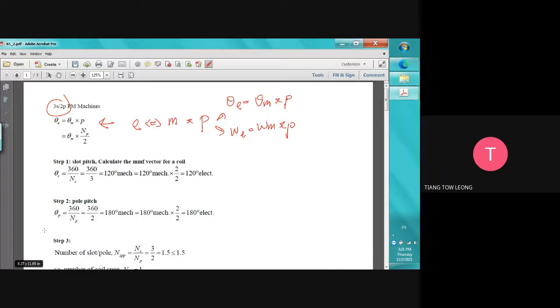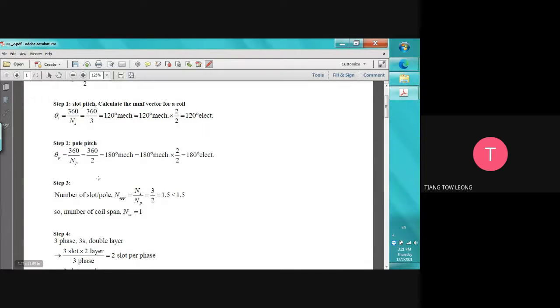Please don't ask me why we must do it like this, because I don't know how to answer why. But I can tell you that everything we calculate will help us determine the winding layout easily.